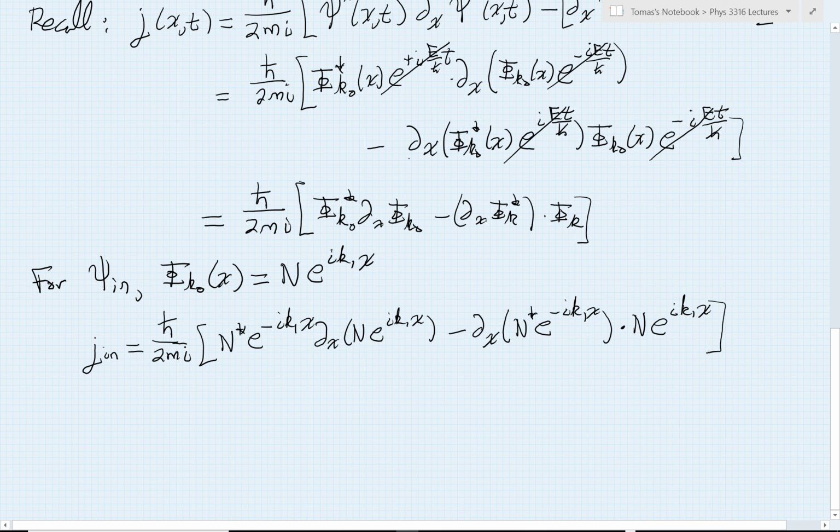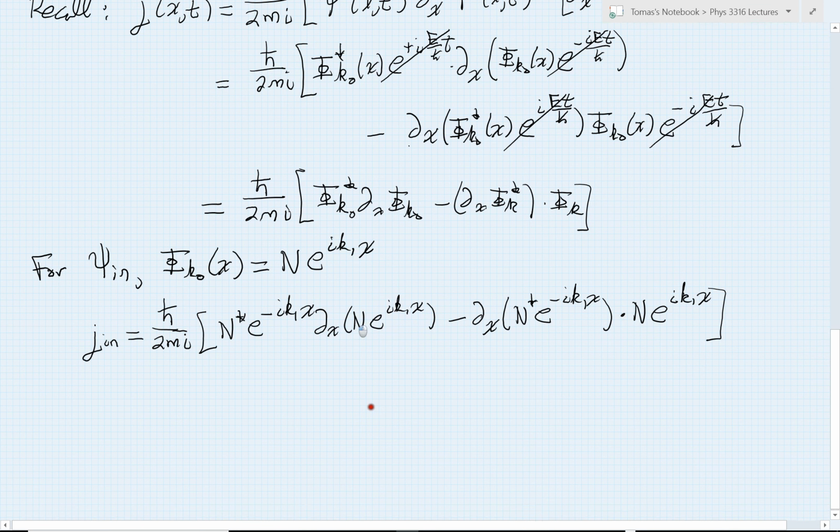Now, when we look at this, we do have to take the derivatives. The derivatives are going to be fairly easy, though, because I have a constant and I have an exponential. So all that these derivatives do is they pull down the factor that appears in the exponent. Otherwise, all of the other factors remain in place. So I'm once again going to have a situation where I have products of terms with positive and negative exponentials, which are going to cancel.